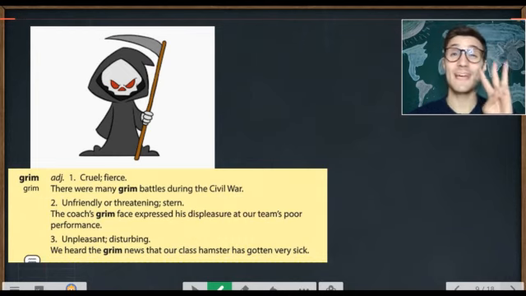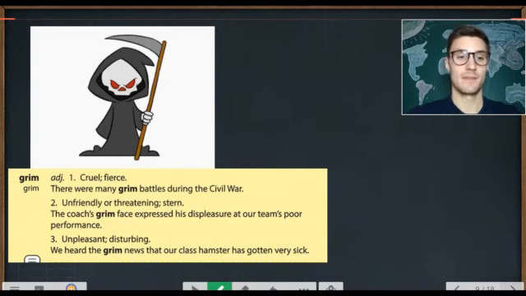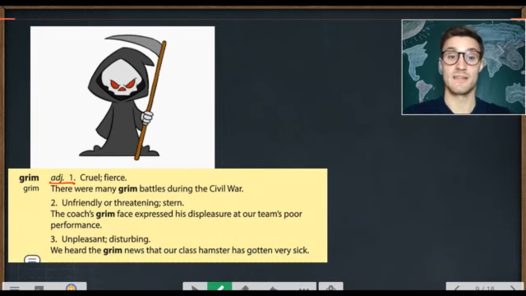Next up, it's grim. Grim has 3 adjective meanings. First, we use this word to describe something or someone which is cruel, fierce. There were many grim battles during the Civil War, cruel and fierce.